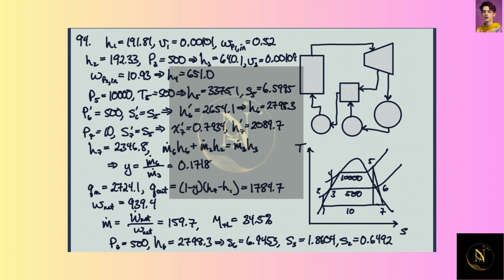Probably did. So let's see here. W.net equals 150 megawatts. There we go. And let's see here. Operates between 10 megapascals and 10 kilopascals.